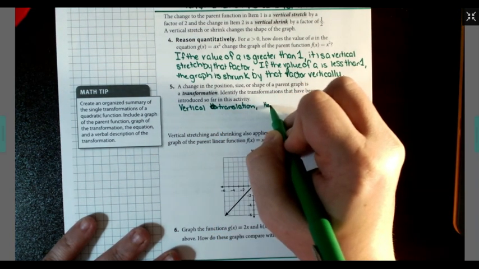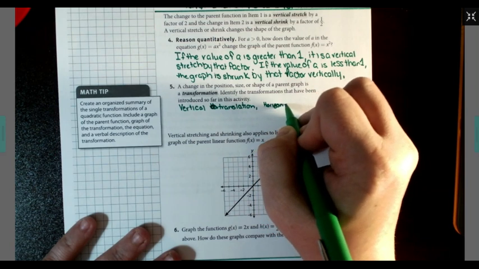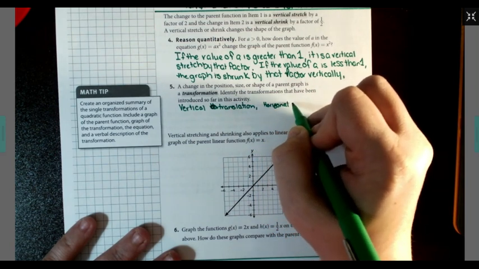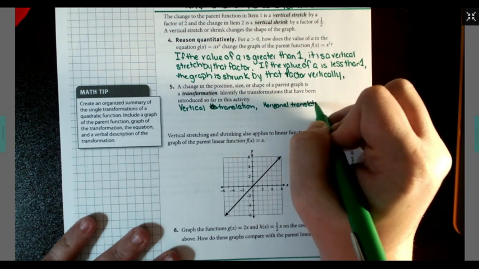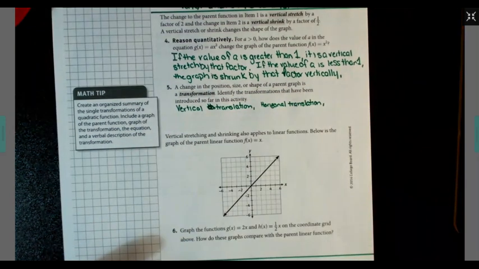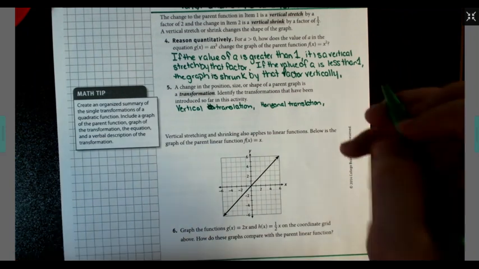We have talked about horizontal translations. And we just now talked about vertical shrink and stretch.